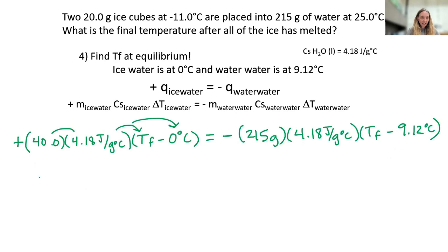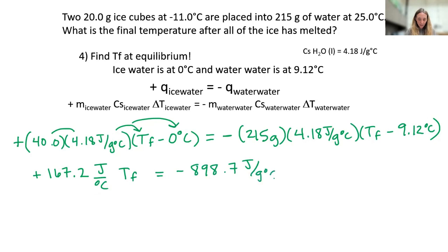Okay, and I get a positive 167.2 joules per degree Celsius, T_F, and then all this is 0, equals negative 898.7 joules per degree Celsius, T_F, plus 8,178.17 joules.